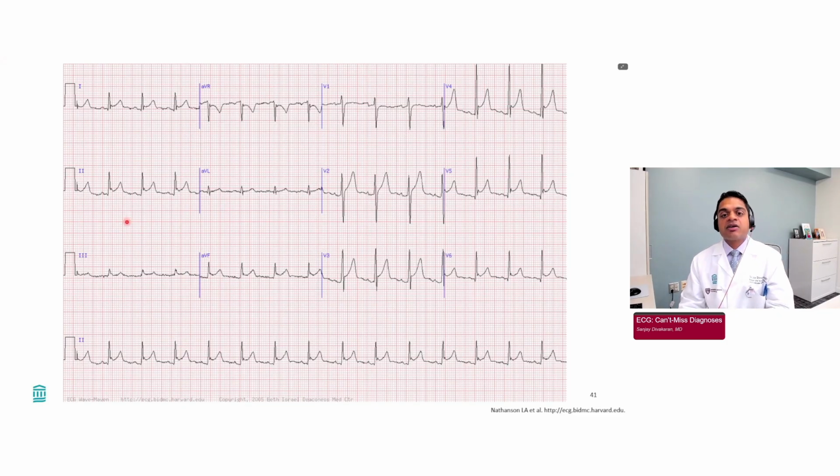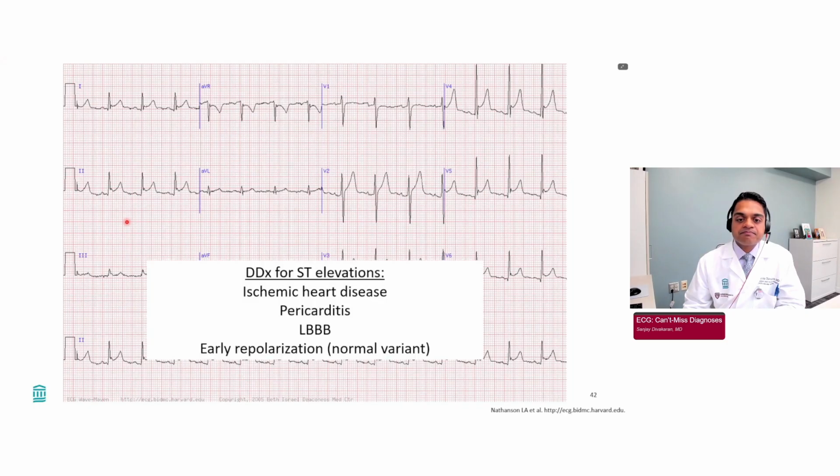But the take home point here is that diffuse ST elevations in the right clinical context is often consistent with acute pericarditis. But there is a differential diagnosis for this. And of course, we talked about left bundle branch block as one in the previous two cases. Early repolarization can be seen as a normal variant, particularly in young people and in athletes. And of course, you have to think about ischemic heart disease as 1, 2, and 3 in the differential.